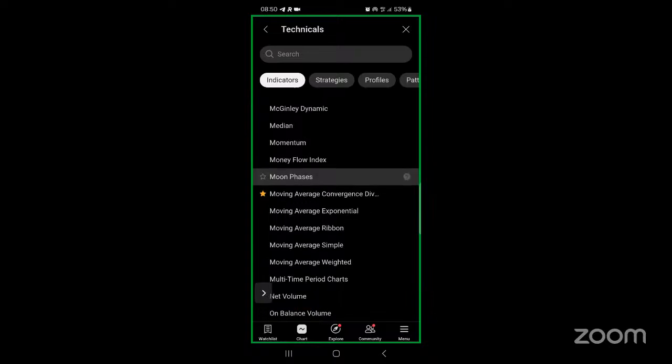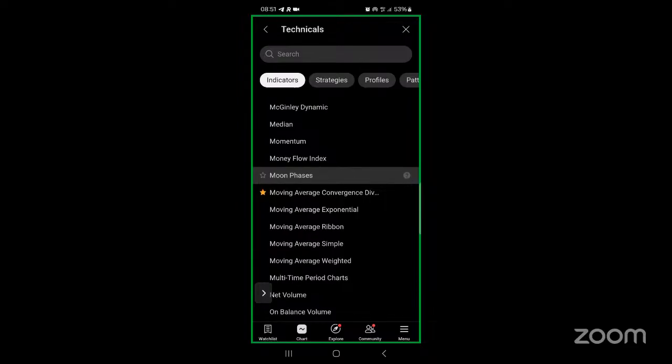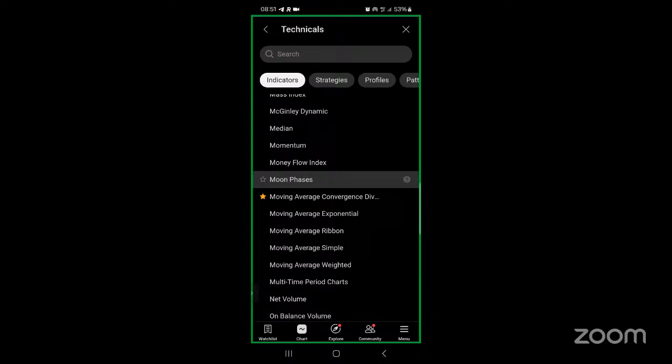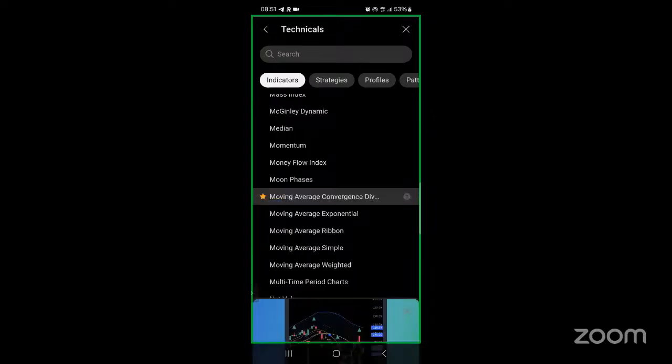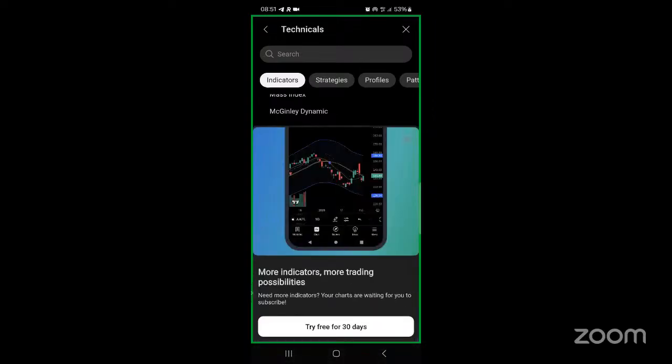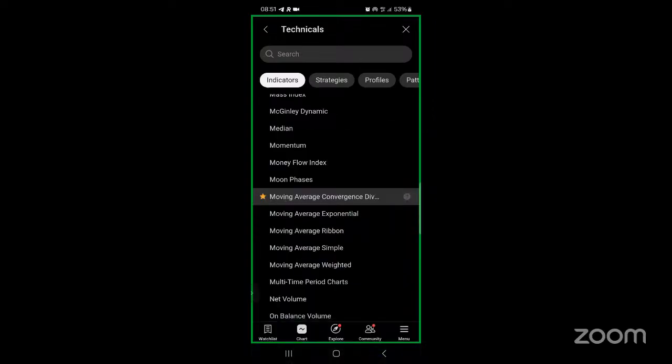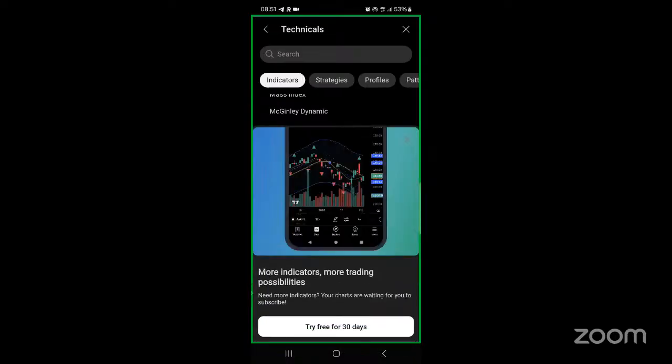I told you that if you want to put something in your favorites, long press it. When you long press, they will bring the option of the star. You tap on the star, it has automatically become part of your favorites. I don't want this one now. Okay, they have added the wrong indicator.